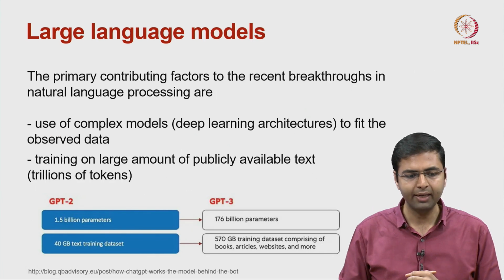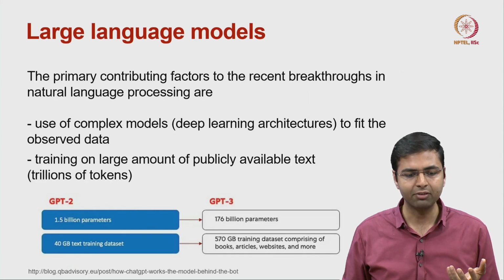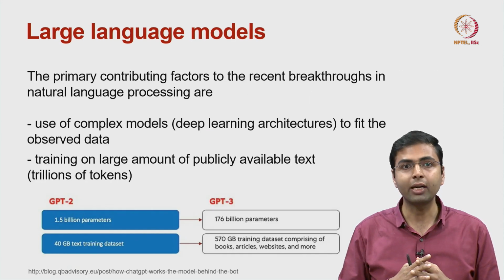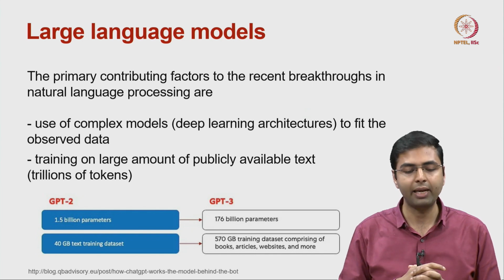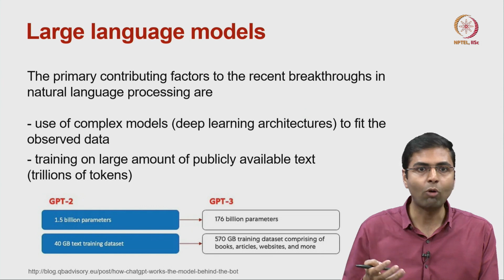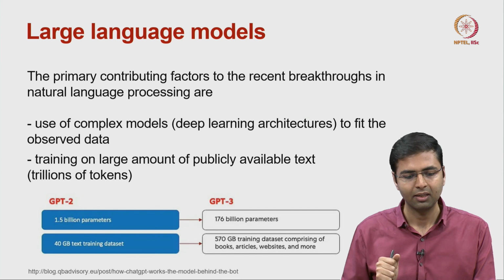So, moving ahead, these are very simple learning objectives, but one can ask, what are the primary contributing factors which led to the recent breakthroughs in natural language processing? One is the use of complex models, that is state of the art deep learning architectures that fit the observed data.